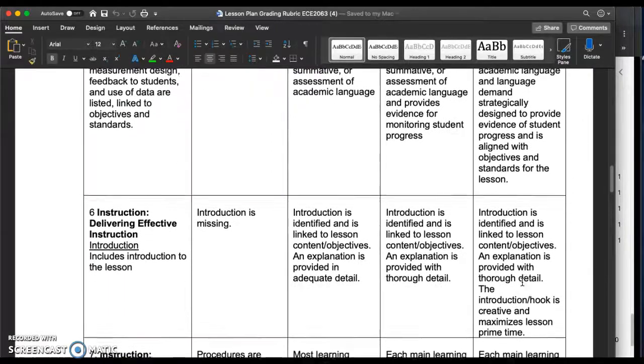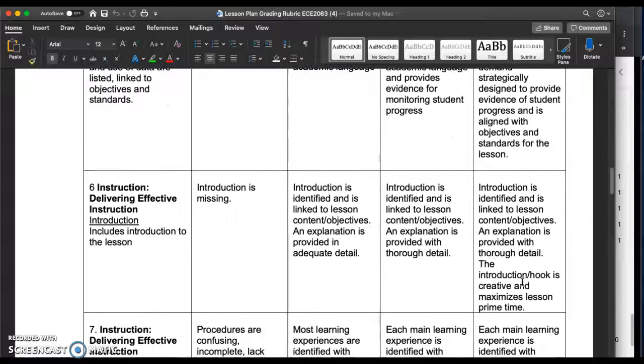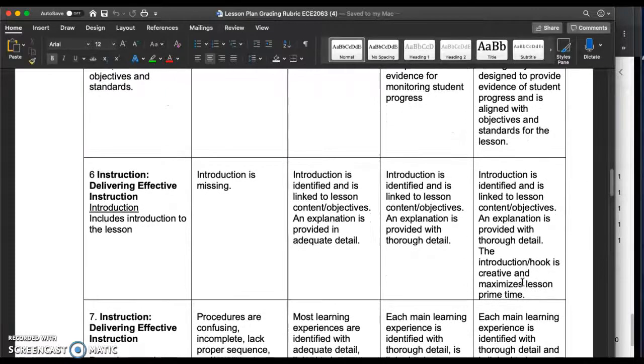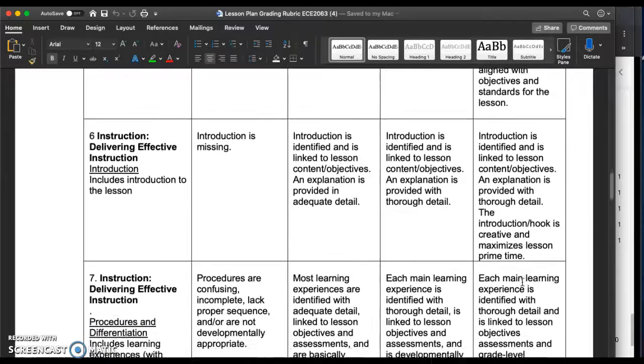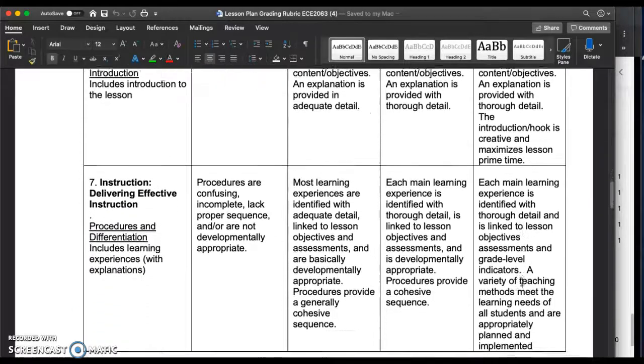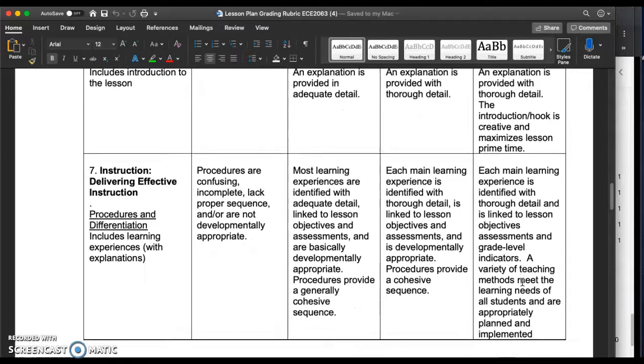Your lesson needs an introduction. How are you going to hook them? The learning experience should have details. In your plan, make sure that it links to your objectives and your assessments, and it's grade level appropriate.